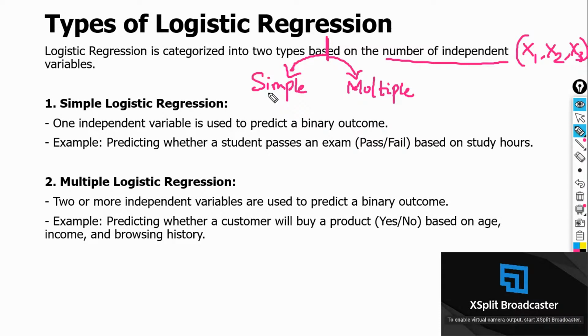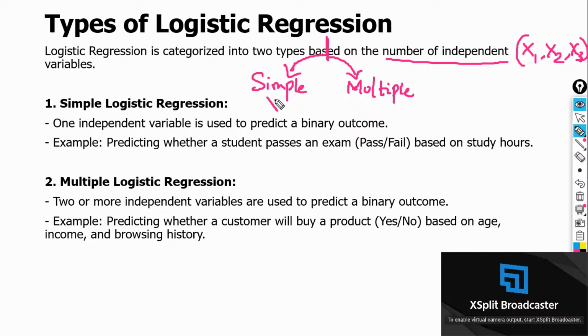If I have only one single input variable, we are supposed to use simple linear regression. If I have multiple variables, two or more than two, then I'm supposed to use multiple linear regression. In the same way, logistic regression is also classified in a similar manner.